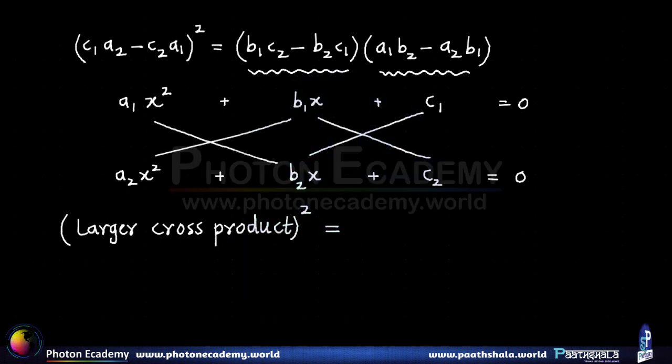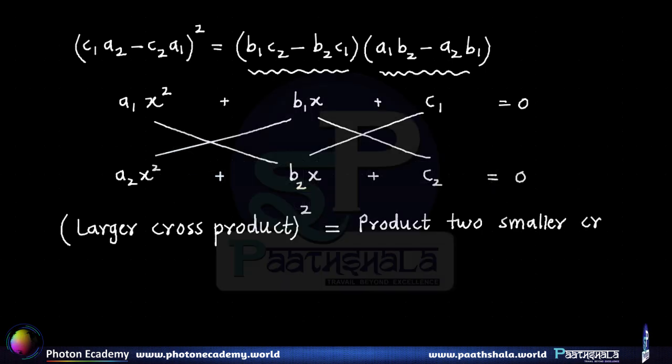So the right hand side seems to be nothing but the product of two smaller crosses. That's the way we can remember this particular condition. Now this is the condition to have strictly one common root between the two given quadratic equations.